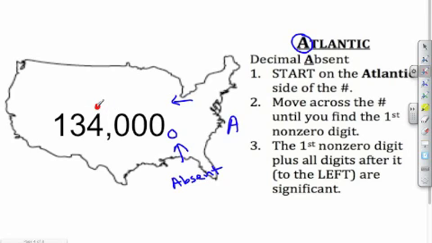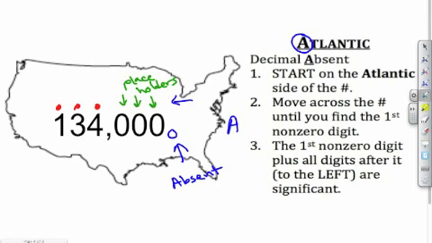This 4 is significant, and any other digit that comes after it moving to the left. So that would be the 4, the 3, and the 1. And once again, we see here that these 3 zeros that are left at the end are not significant. They are placeholders. They are just simply there to give us some idea of how big this number really is.